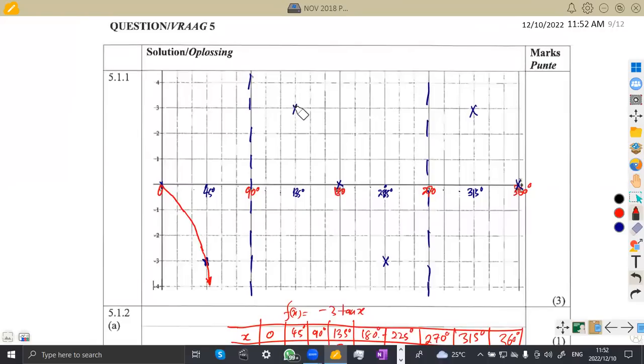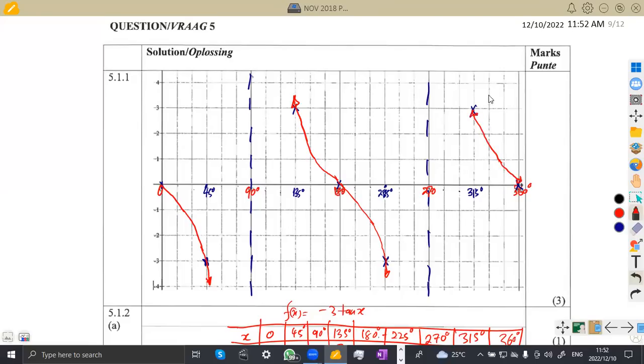We are going to join from this point of 3 to 0 to -3, up to 180. Then it goes down to this point. It is not going to reach 90 and it is not going to reach 270. Then the last piece is taken from 360, from this point to this point, going down like that. That's where we have the last piece of the graph.